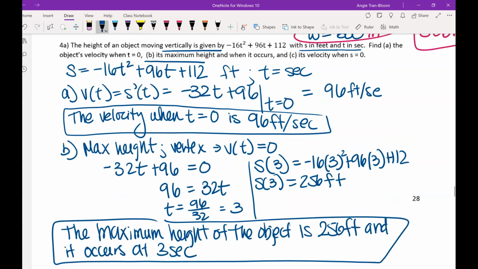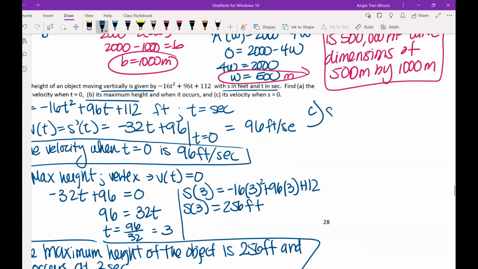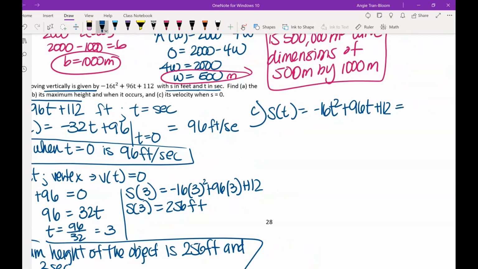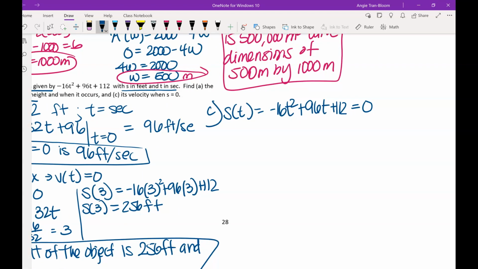All right, then we have to go and answer part C. Find its velocity when position is 0. The position equation is negative 16t squared plus 96t plus 112. Now, students, position equaling 0 means when it starts or when it landed, right? So we are going to see if we can factor this out.